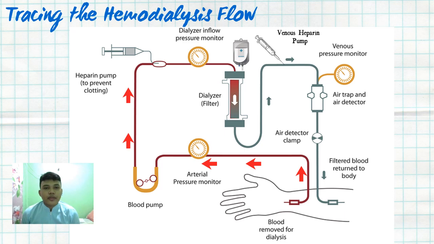Then monitoring of the arterial bubble trapper is done. If bubbles are present, this may indicate a problem or loss of connection, which may lead to microemboli or blockage in the tubings or in the blood vessels. Then after assessing the arterial bubble trapper, the capillary blood inflow tube, wherein the blood is pumped, goes into the dialyzer.